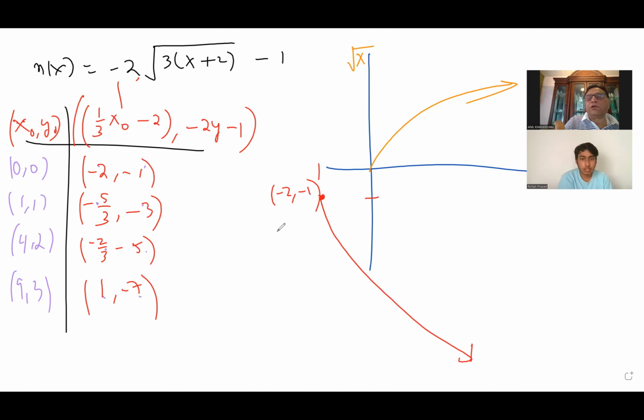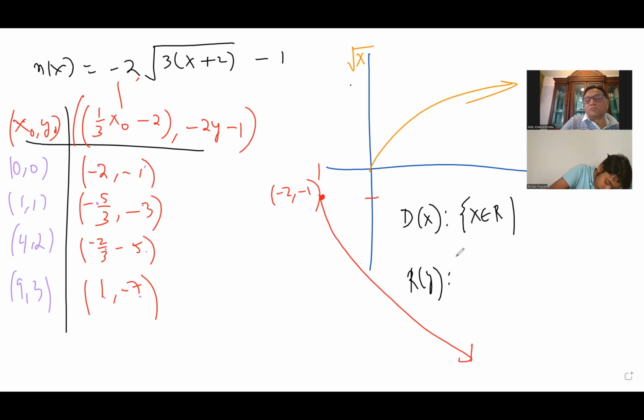So now, can you tell me domain and range? The domain of x is x of real numbers where x is greater than or equal to negative 2.